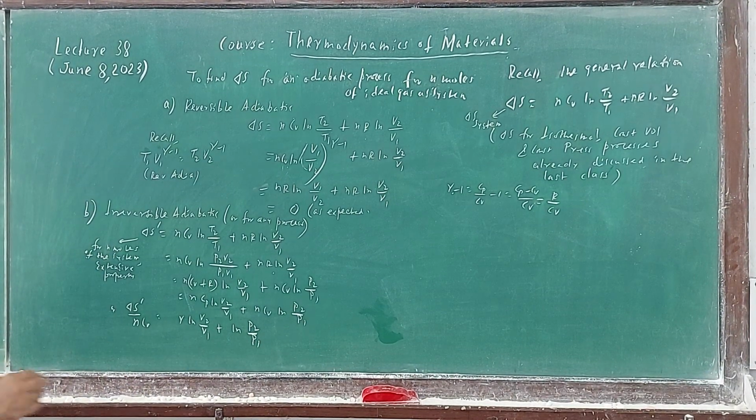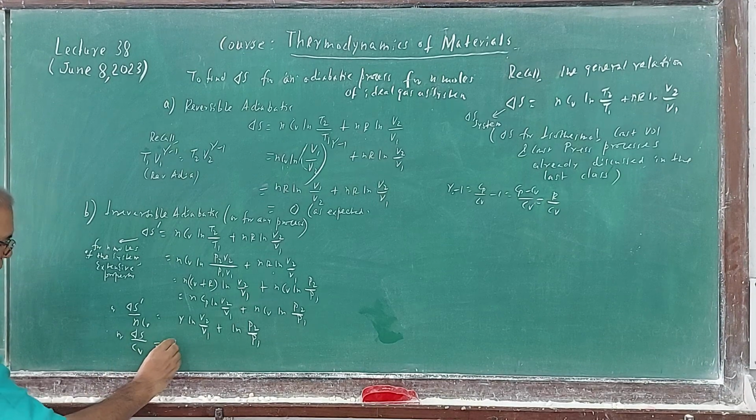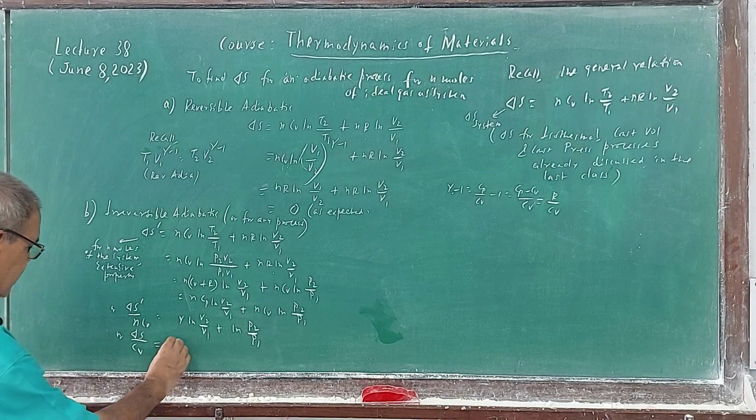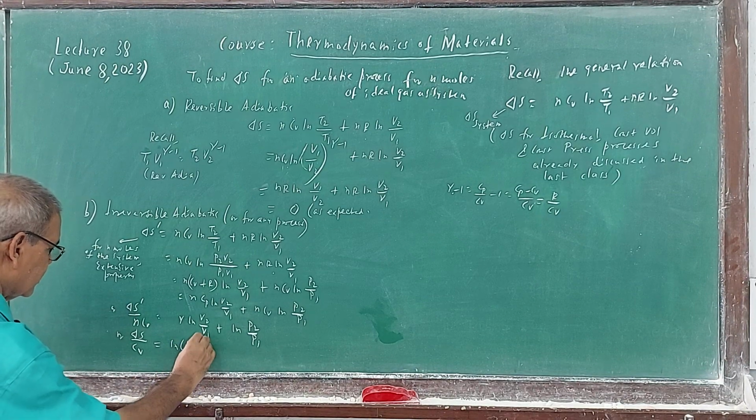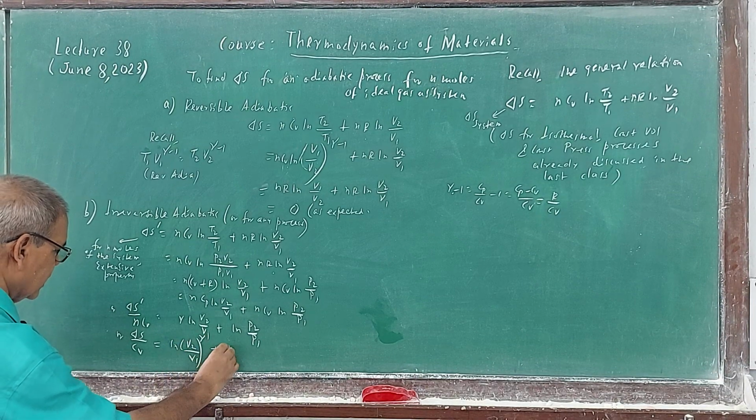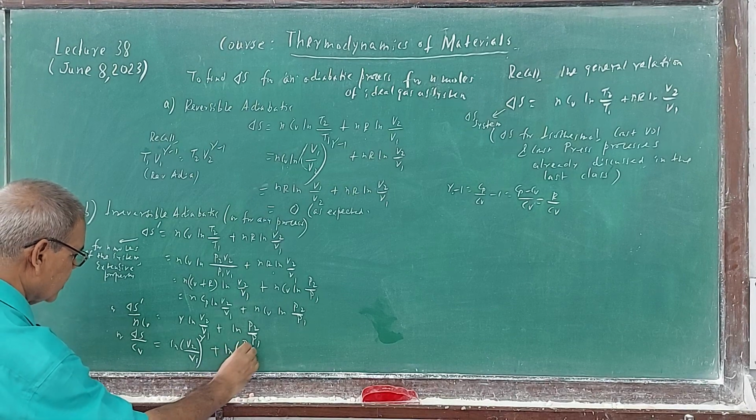Dividing through by N Cv, Cp by Cv is gamma. N cancels, and all this is gone. Or note, delta S by Cv, write this, is what? ln of V2 by V1 to the power gamma, plus ln P2 by P1. No difficulty.